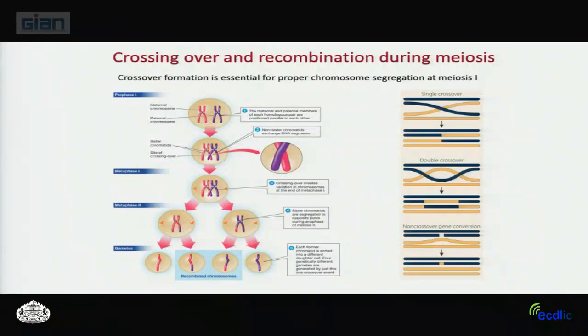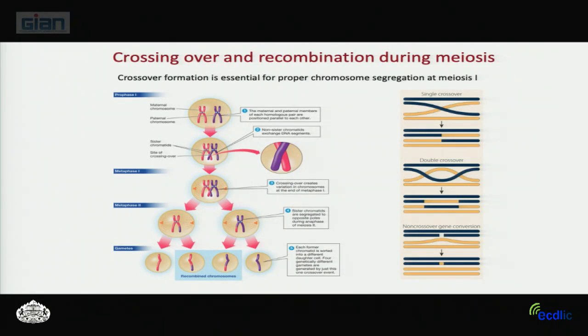Then I just want to mention that the other outstanding feature characteristic of sexual recombination, of sex, is recombination. Crossover events, reciprocal crossover events involving homologous chromosomes during meiosis 1. So crossover formation is essential for the proper chromosome segregation of meiosis 1.